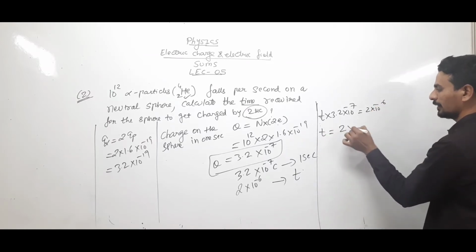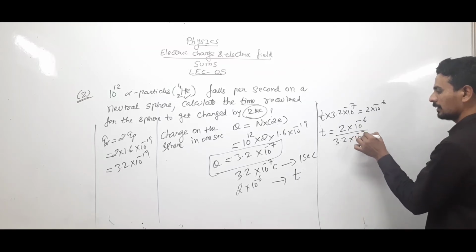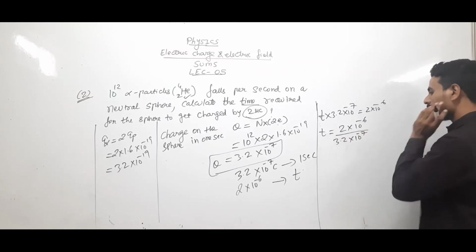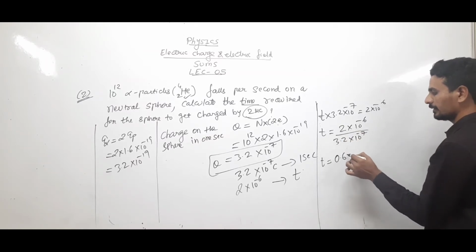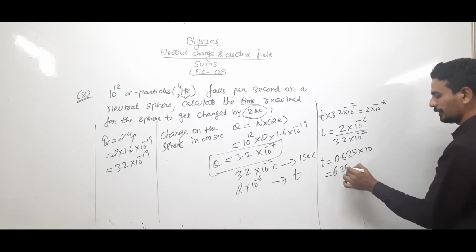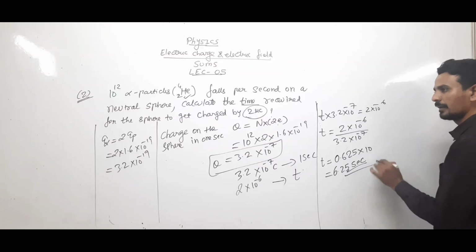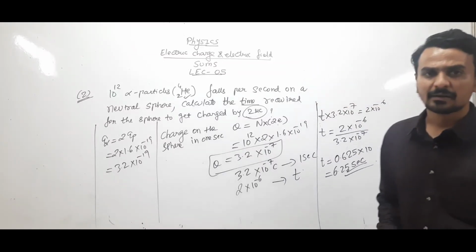So T will be 2 into 10 raised to minus 6 upon 3.2 into 10 raised to minus 7, which is 0.625 nearly into 10. So your answer is 6.25 seconds. Clear? So again we solved a question based on quantization of charge, right?